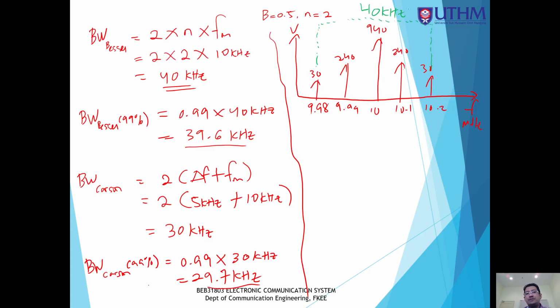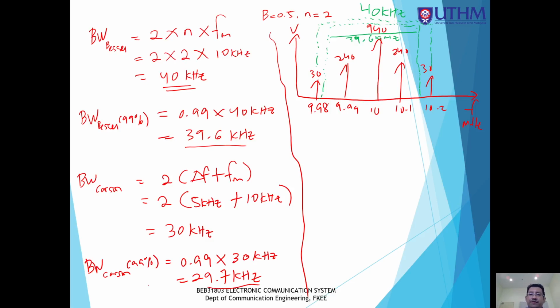And if it is 99%, that means it is somewhere smaller than this. 99% is smaller than 100%, so it is somewhere over here. We can do something like a filtering process. So this is the 99%, and you will get only 39.6 kilohertz.